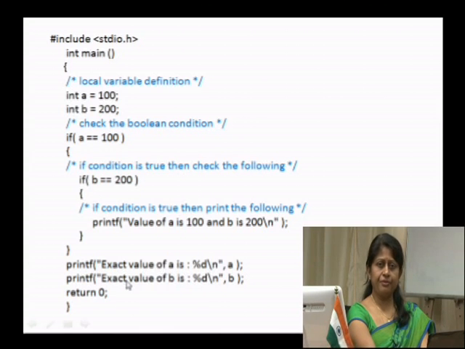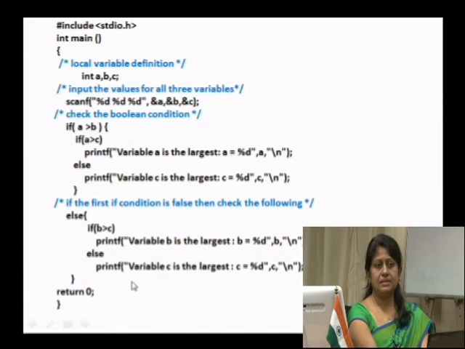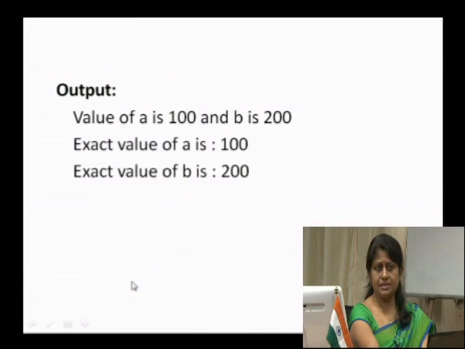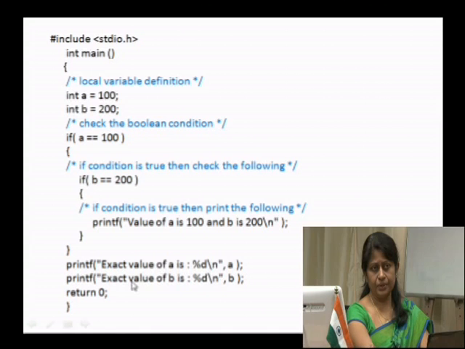So what would be your final output in this program? Your final output would be these three statements, that is, value of a is 100 and b is 200, exact value of a is 100 and exact value of b is 200. Look at the program once again. You have a nested if structure.